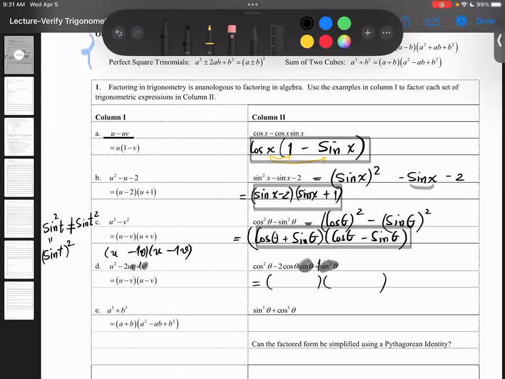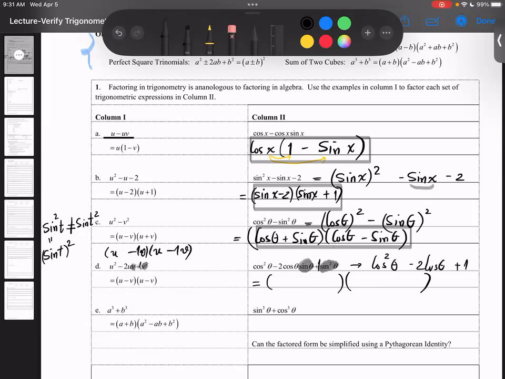Can someone factor that for me? I meant this one, cosine square theta minus 2 cosine theta plus 1. That's the one that we factor now. Can someone factor that for me? One step at a time.